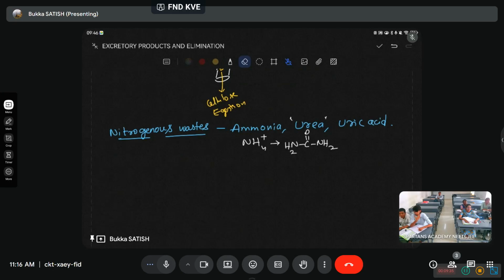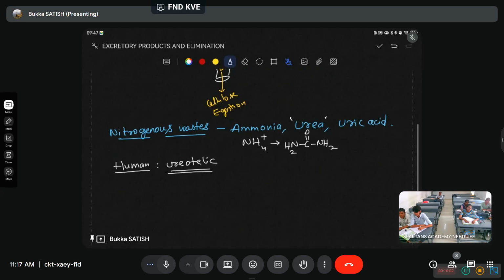So why is ammonia, one kind of waste, converted into urea, another kind of waste, by spending energy? If you just think about it, I'll just repeat. What actually happens here is, in case of human, we are ureotelic.